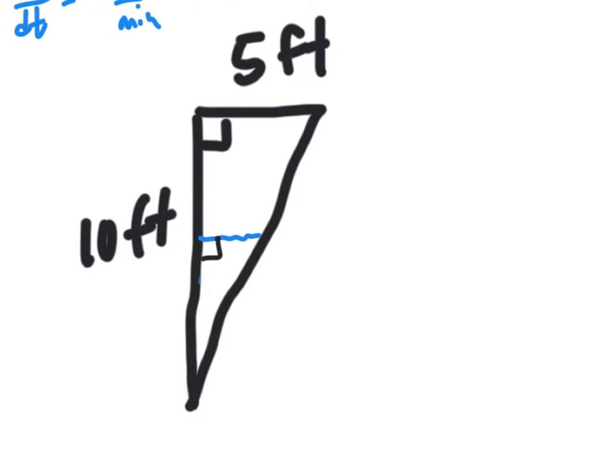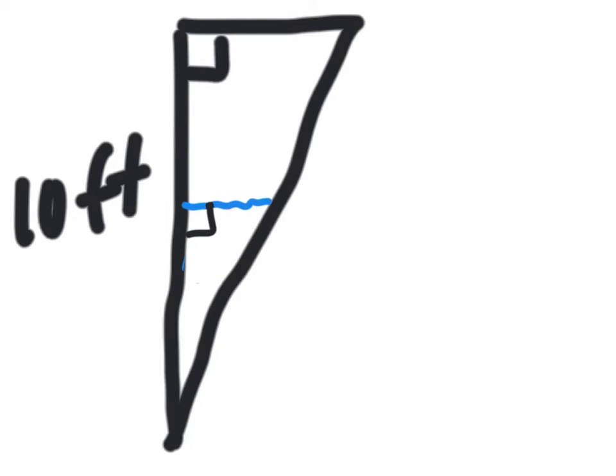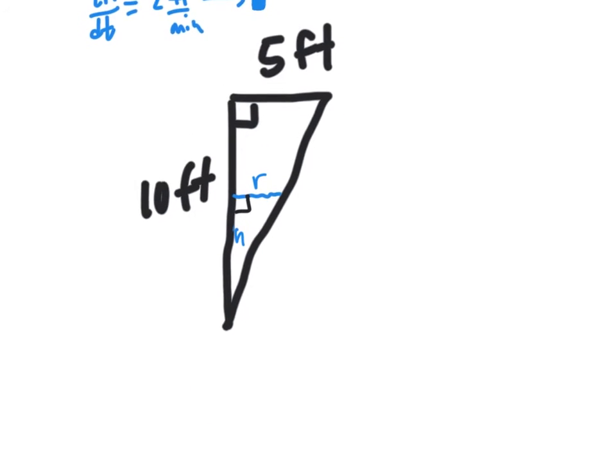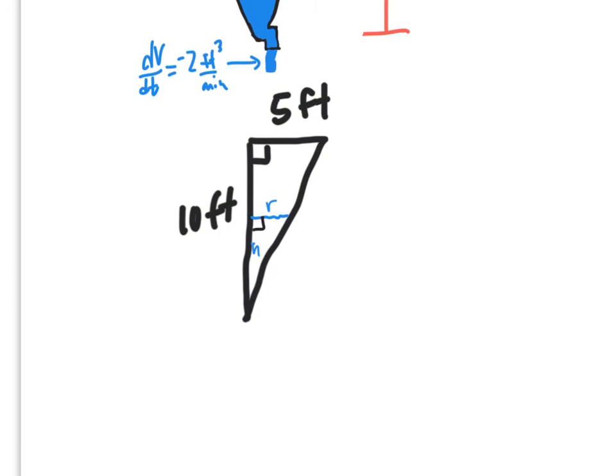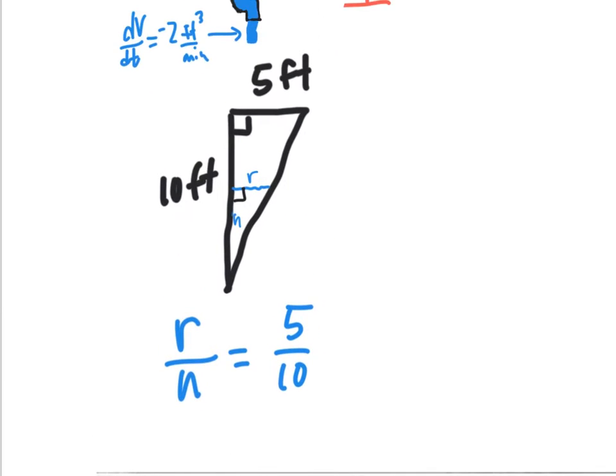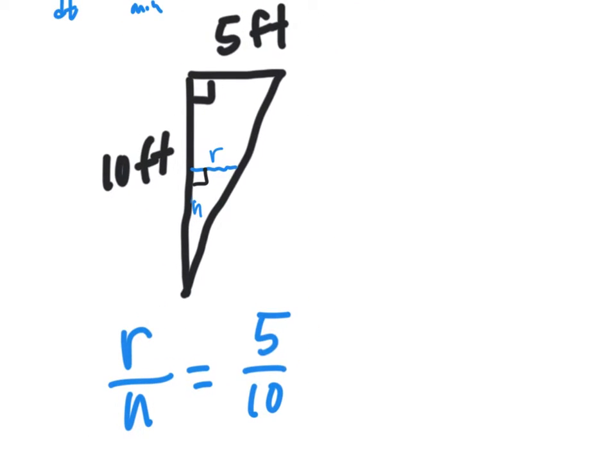So what I'm going to do is label this as my height here and my radius here. So the proportion that I can write is r over h is equal to 5 over 10. And I could even simplify that and say that r over h is equal to 1/2.